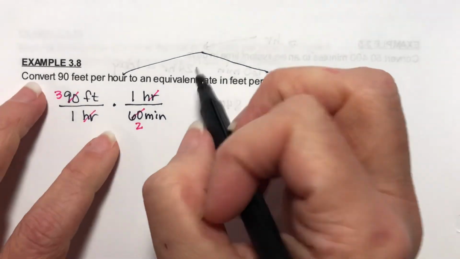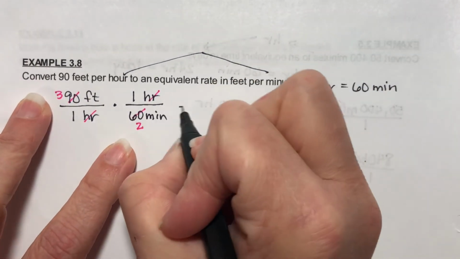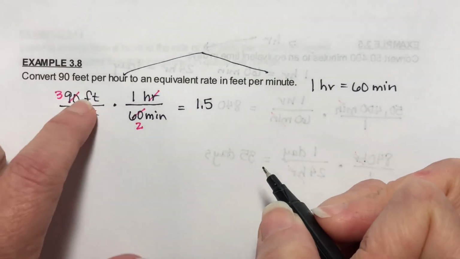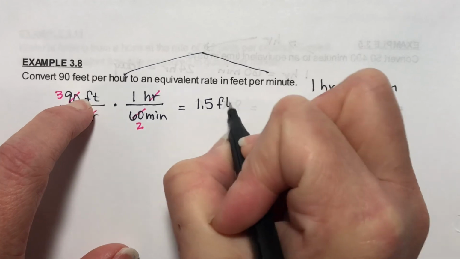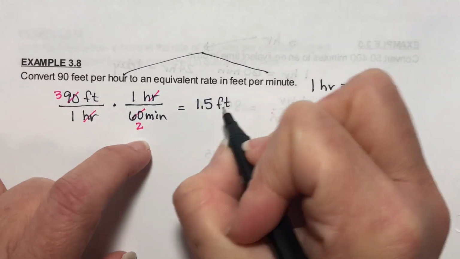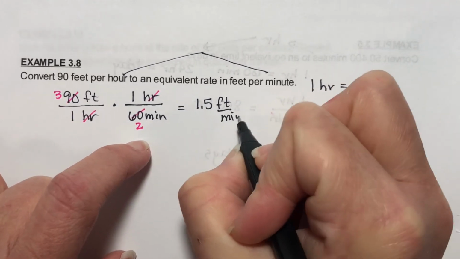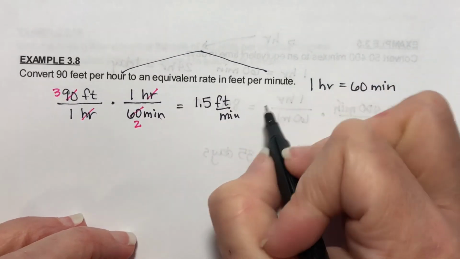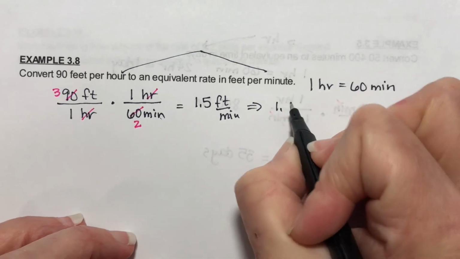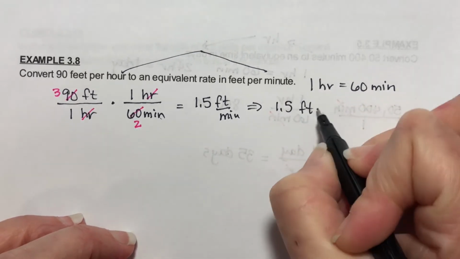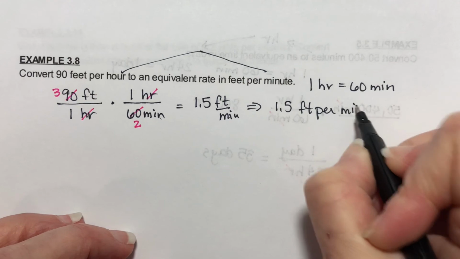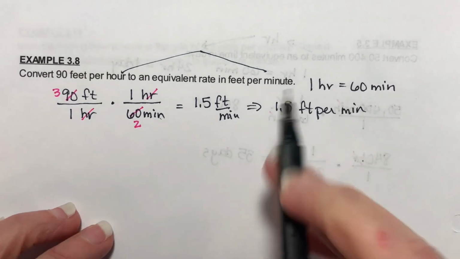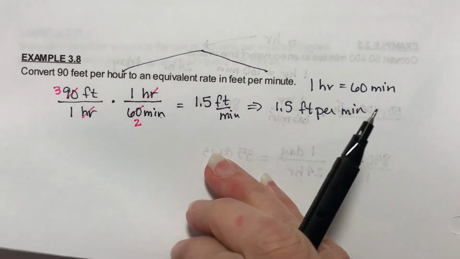Okay, so I end up with 3 divided by 2, which is 1.5 feet in the top and minutes in the bottom, because I divided both of these. I just went ahead and did that. And I have feet per minute. So this is basically 1.5 feet per minute. Whatever unit's in the bottom is the top unit per the bottom unit. Okay?